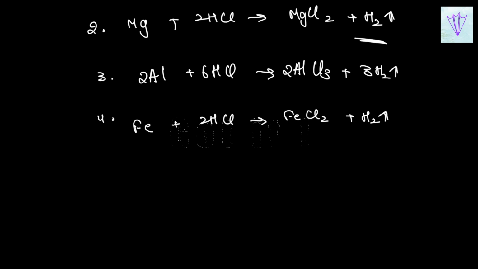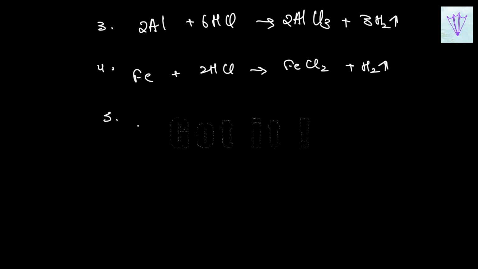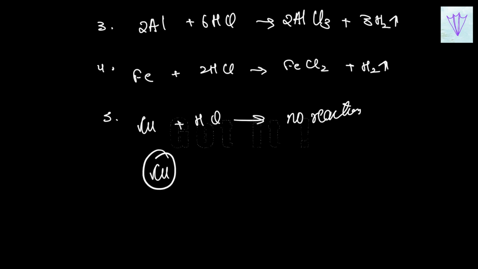The next reaction is copper plus HCl, and we'll find that no reaction takes place because H2 is not evolved. Cu is less reactive than hydrogen, so it cannot replace it.